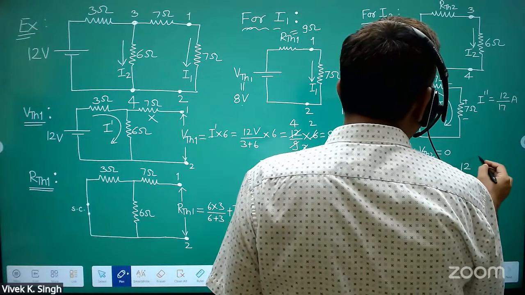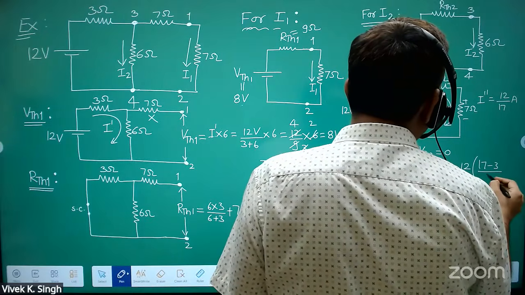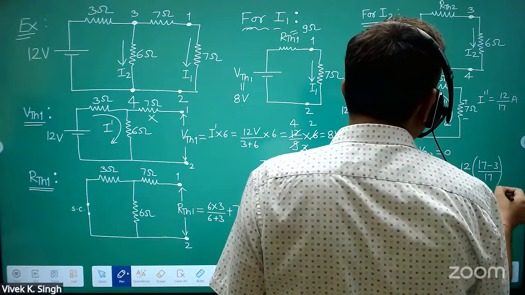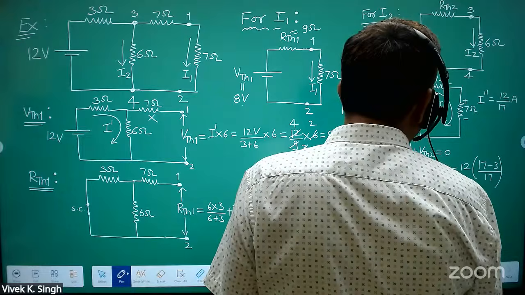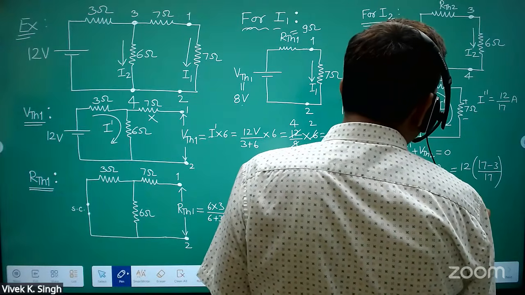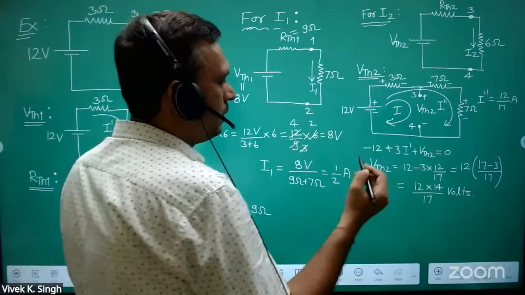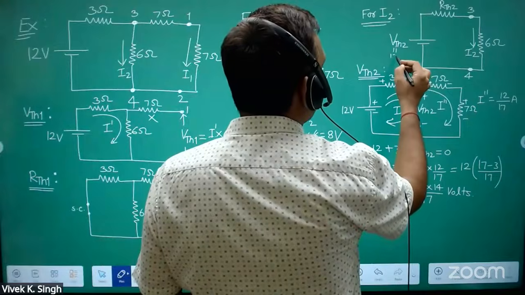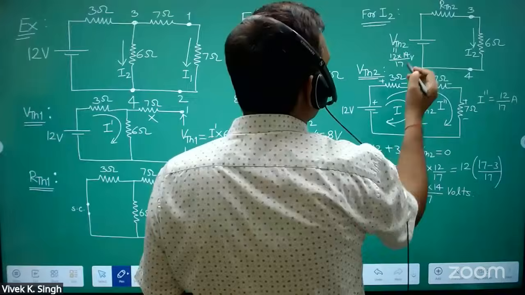You should take 12 common. So this is 12 into 17 minus 3 by 17. So this value is 12 into 14 by 17 volts.